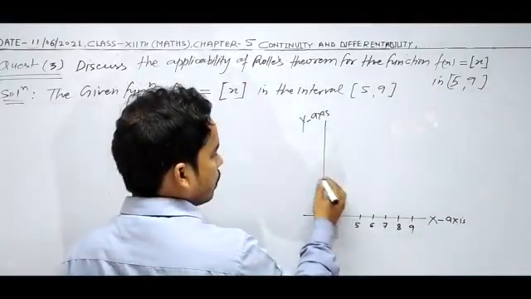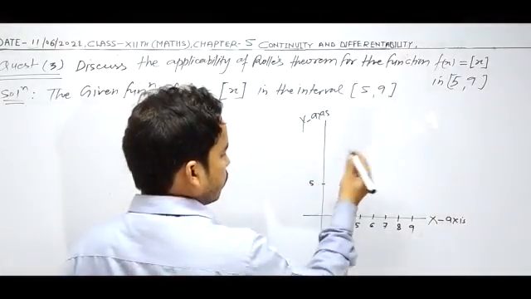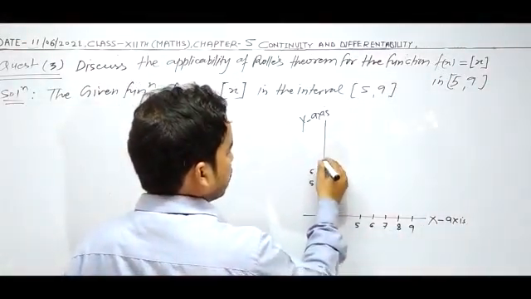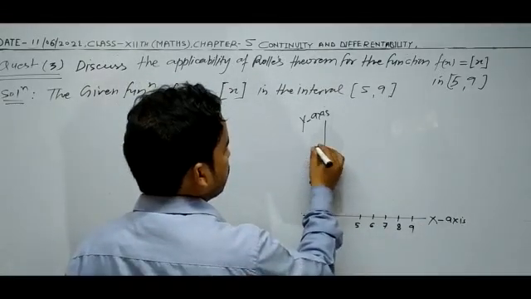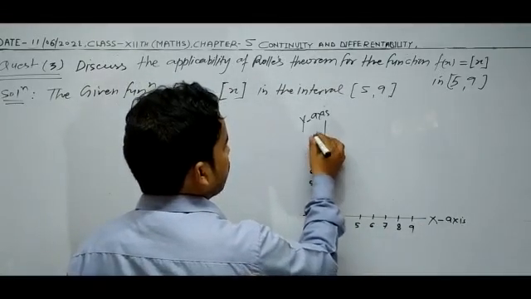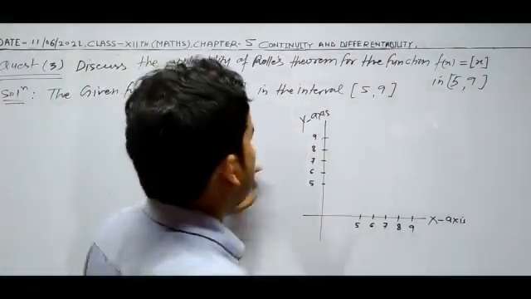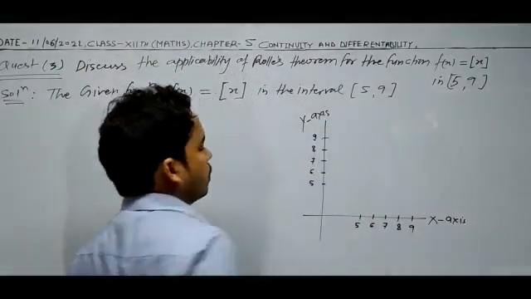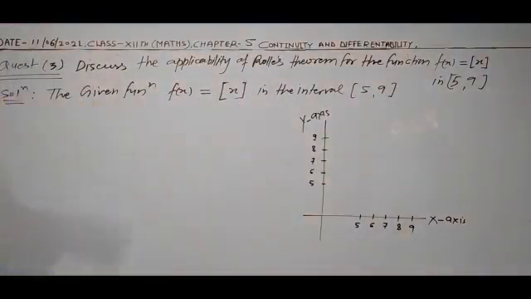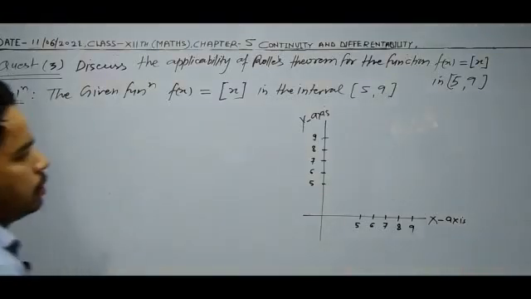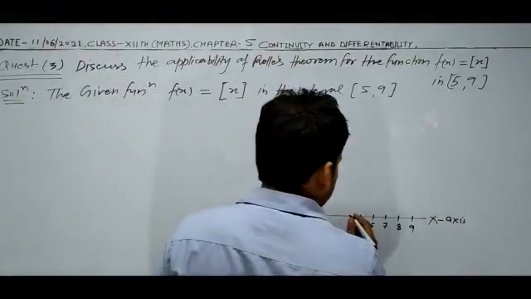Similarly 5, 6, 7, 8 and 9 on the y-axis. We have taken these values from the interval ranging from 5 to 9. So suppose this is 4.